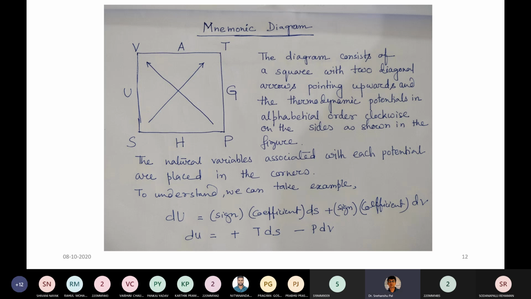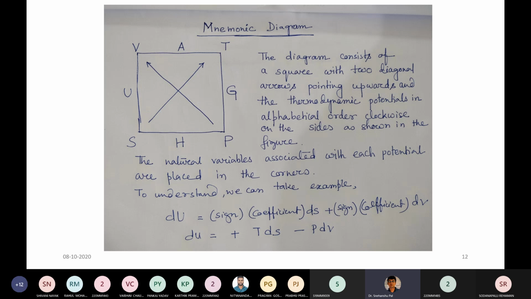Now the diagonal arrows indicate the coefficient associated with the natural variables in the differential expression of the potential. Again, I am repeating the statement: the differential expression of the potential can be constructed based on the role the diagonal arrows play. The diagonal arrows show the coefficient associated with the natural variables in the differential expression of the potential.